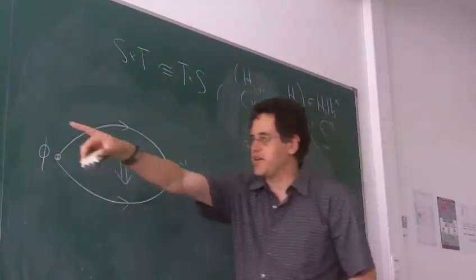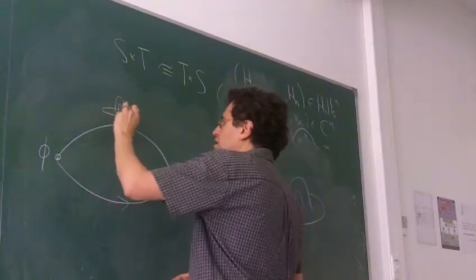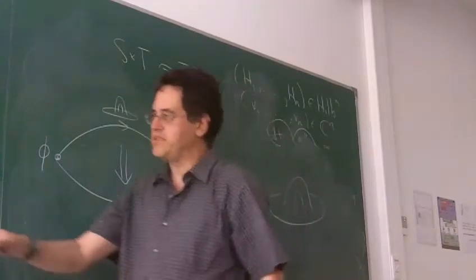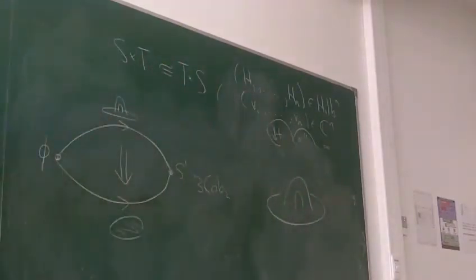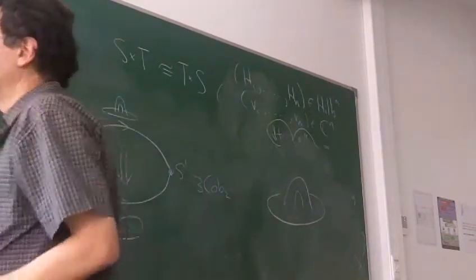The bottom part of the picture is another cobordism from the empty set to the circle, namely just a disk. And then the three-dimensional thing itself is a cobordism going from this to this.